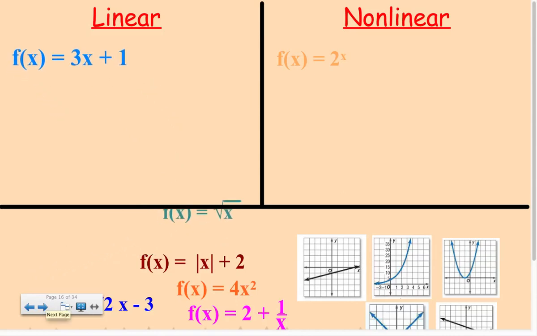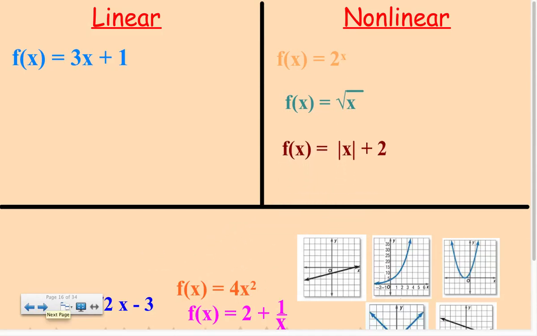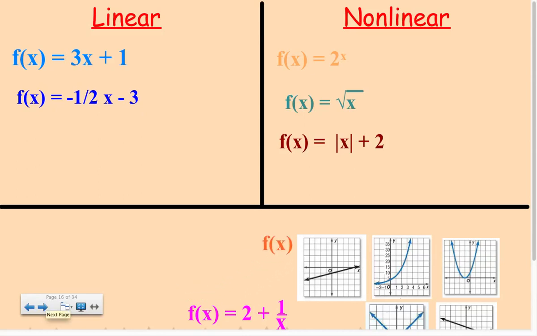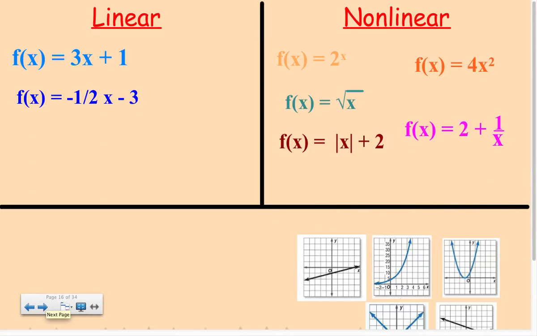Square root of x was not a line. Absolute value, we don't have the plus 2 in our equation, but we had absolute value. That was nonlinear. 1/2 x minus 3, that was the last one we just did. That was linear. 4x squared, we didn't have this exact problem, but we had exponents. Exponents are nonlinear. We had the 4 over x, so a fraction with an x on the bottom.